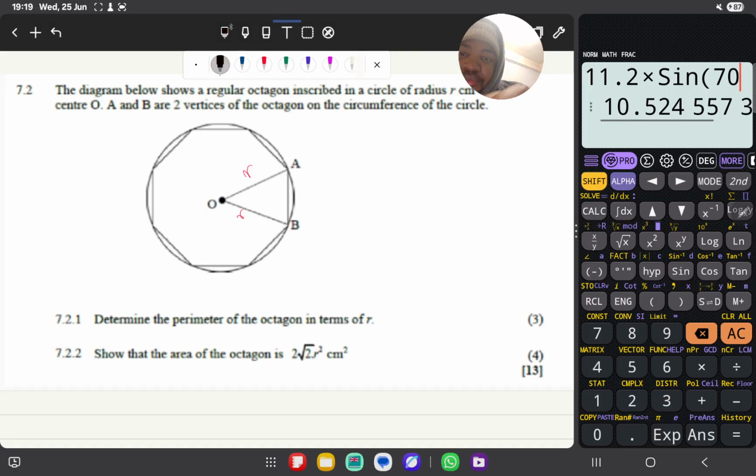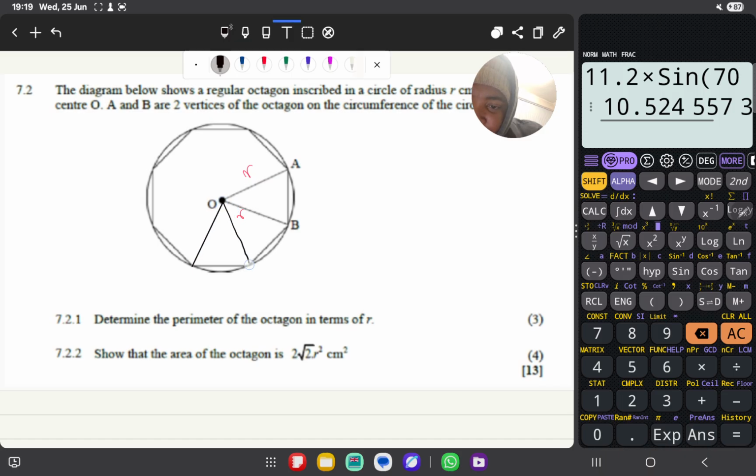Another thing is this. If I draw straight lines all going to the center, I'm forming triangles that are identical to this triangle. And this angle right here is 360 degrees divided by 8 equal triangles: 1, 2, 3, 4, 5, 6, 7, 8.